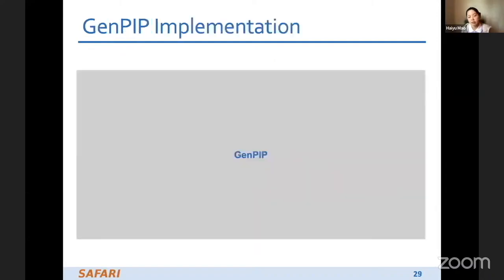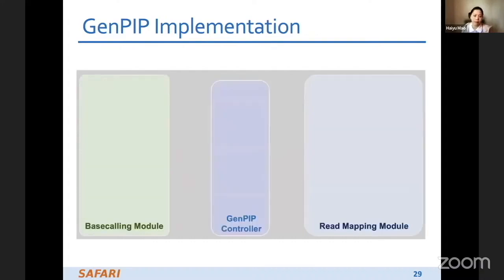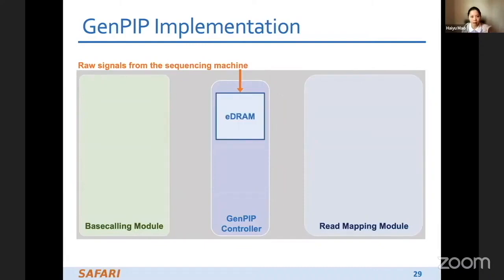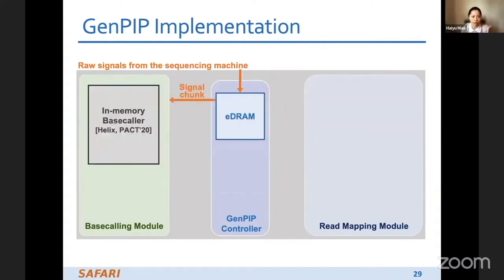GenPIP has 3 modules: base calling module, read mapping module, and the GenPIP controller. First of all, we receive the raw signals from the sequencing machine and store them in the EDRAM, and then we forward the signal chunks to the in-memory base caller.